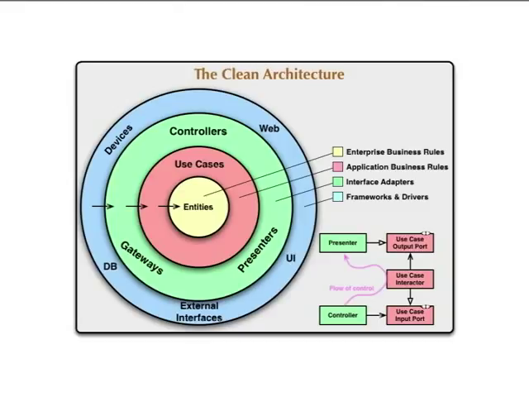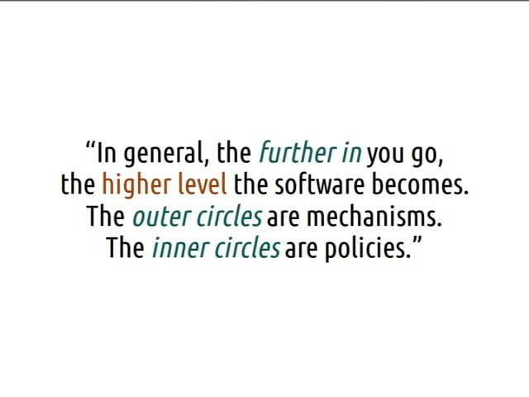In this diagram, you've got the mechanisms, the particular web framework you're using, the particular database engine you're using. And on the inside, the yellow and red circles are the policies. Again, the reason you're writing your app at all. In general, the further in you go, the higher level the software becomes. The outer circles are mechanisms, the inner circles are policies.